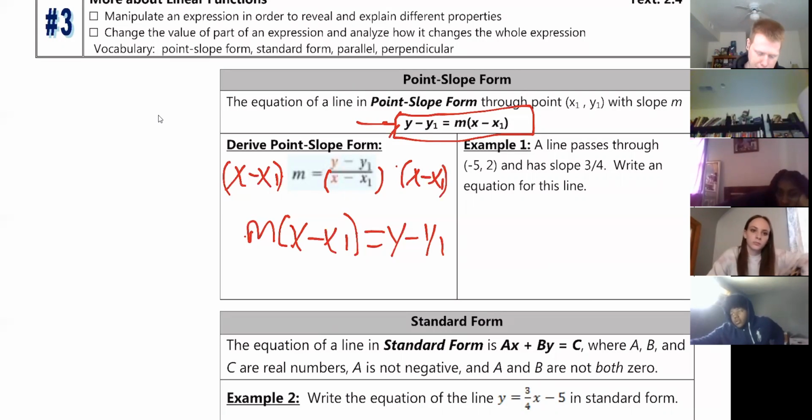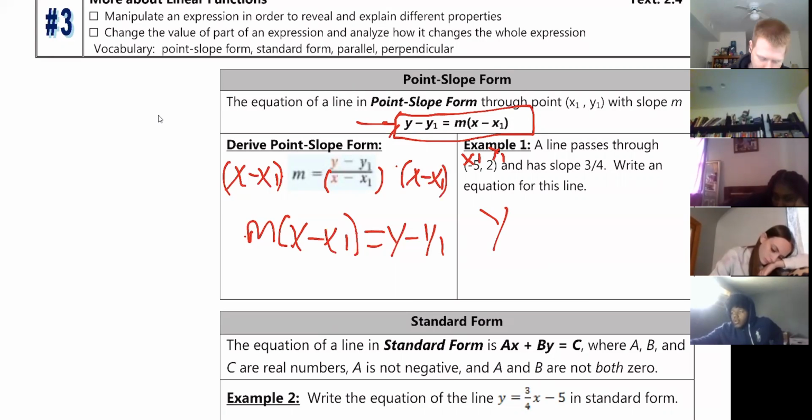All right, example 1: a line passes through a point (-5, 2) and has a slope of 3/4. Write an equation for this line. So we're going to write it in point slope form. Using what's in that box, you always have a y, and you just use your point. This is your x1, and that's your y1.